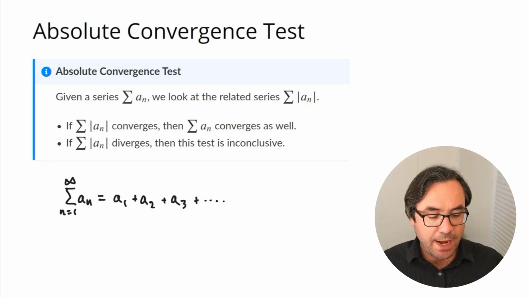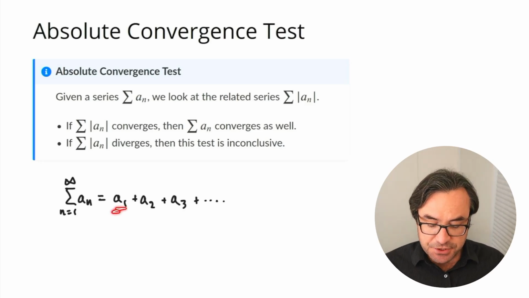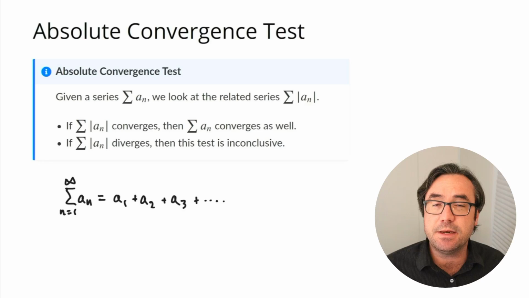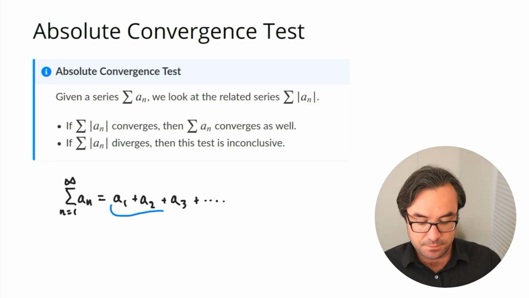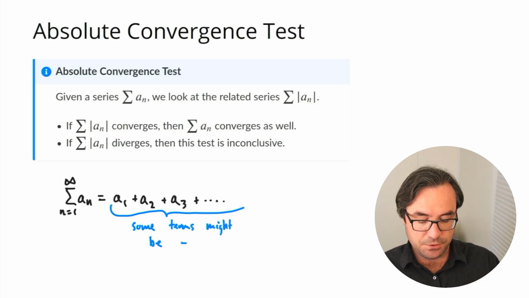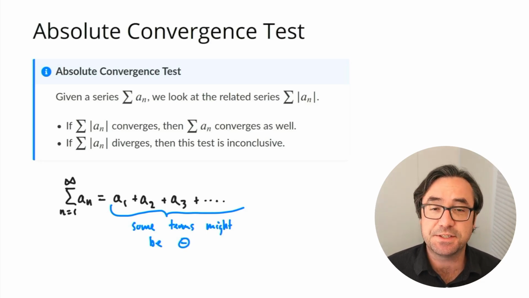Okay, so for a general series like this, some of these terms could potentially be negative. When we're just adding up terms of a sequence together to get this series, some of them might be negative.